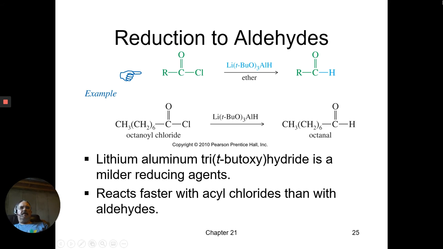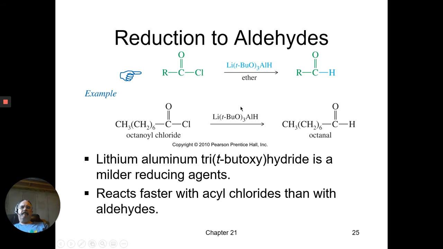Okay, if we want to stop at the aldehyde, we actually looked at this in an earlier chapter, the chapter on aldehydes and ketones. We can use a reagent such as lithium tri-tert-butoxyaluminum hydride. This has three bulky tert-butoxy groups. It only has one hydride equivalent.